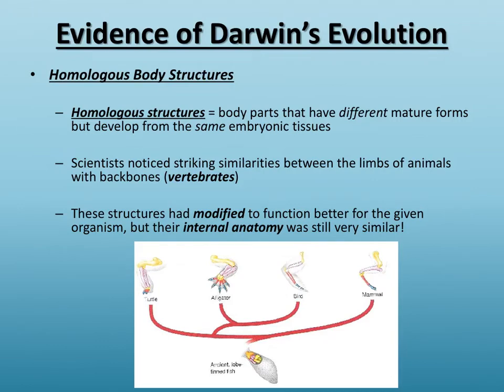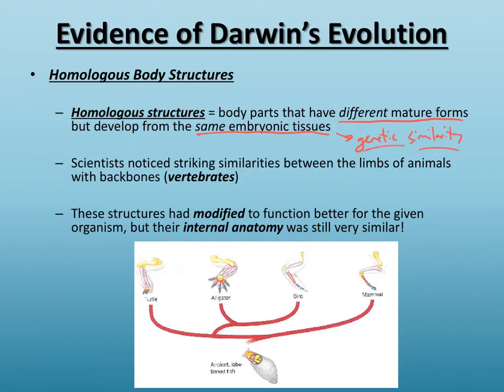Then we have the idea of homologous structures, or homologous body structures. Homologous structures are, as it says here, structures that have a different mature form but develop from the same embryonic tissues. In other words, they are similar structures because of genetic similarity between organisms.